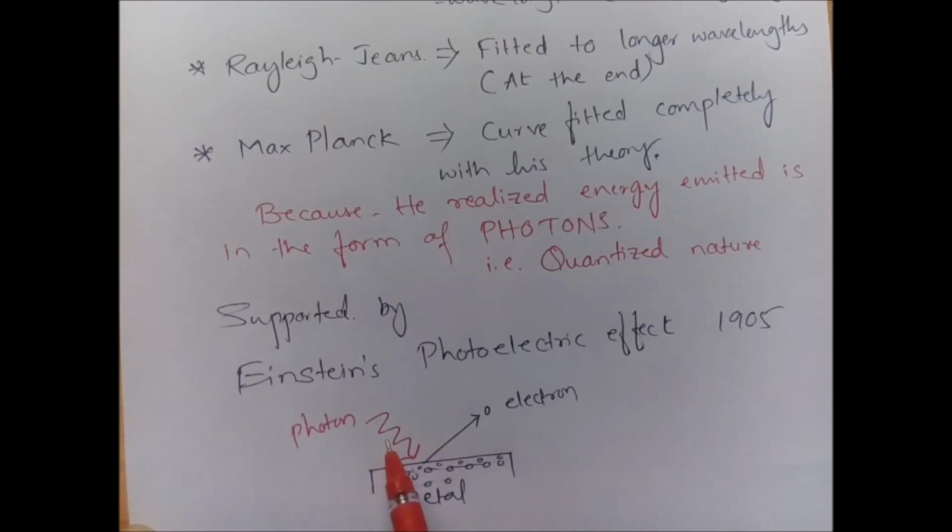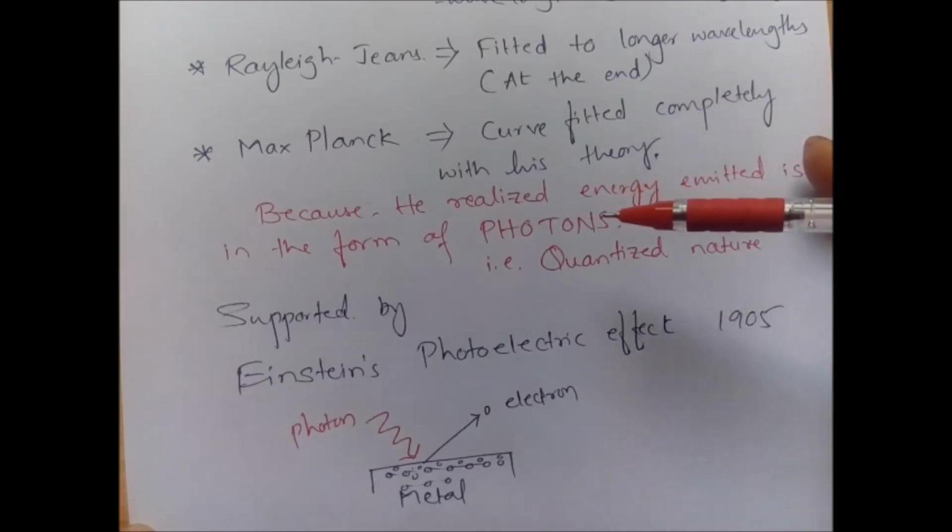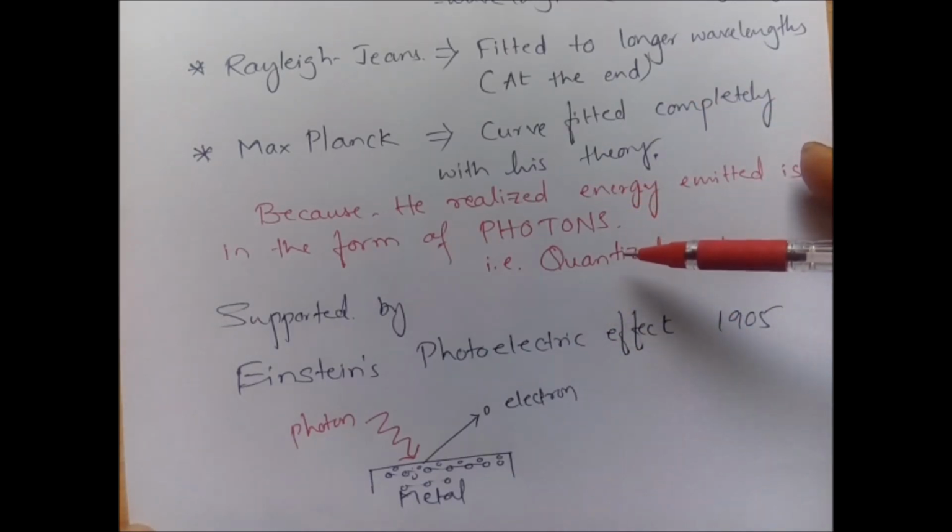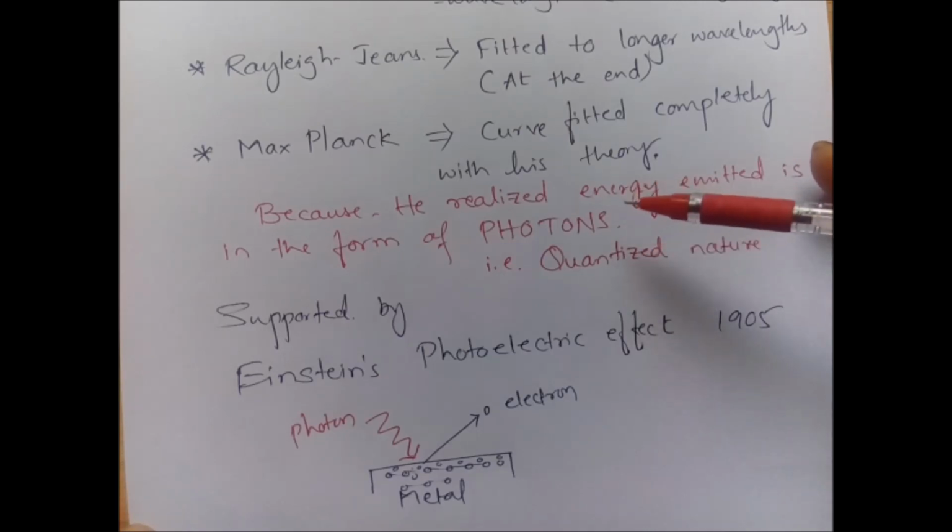That means this is the photoelectric effect. He considered this as a photon hitting the electron, and the electron ejecting, coming out from the metal surface itself. This supports Planck's law, that he has considered this as a quanta, or quantized nature of energy.